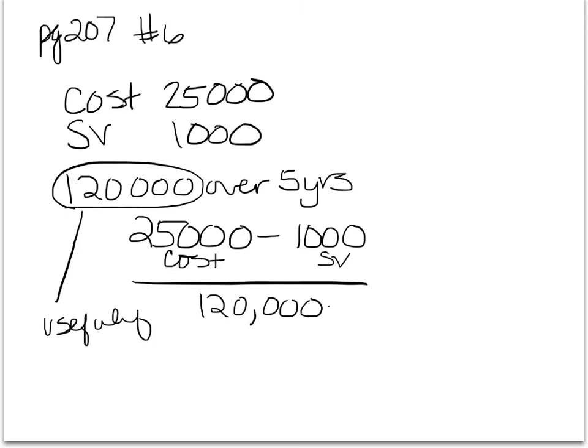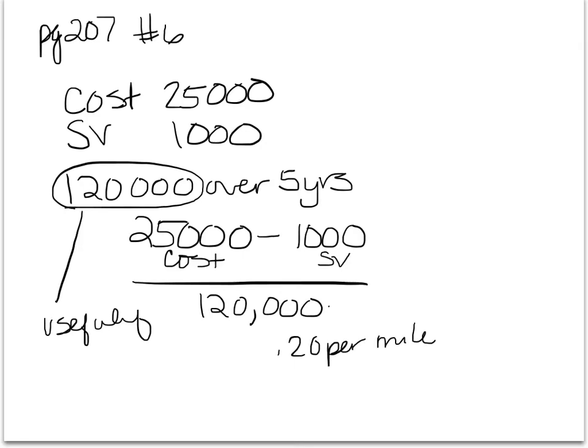If we did that with our calculators, I have 25,000 minus $1,000 gives me 24,000, divided by 120,000, which gives me 20 cents per mile.